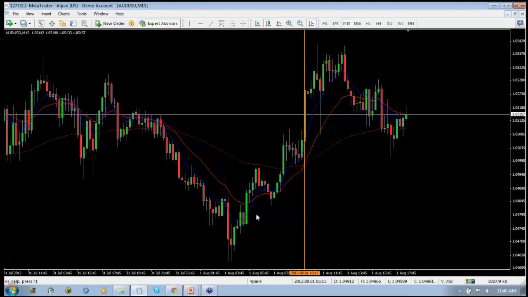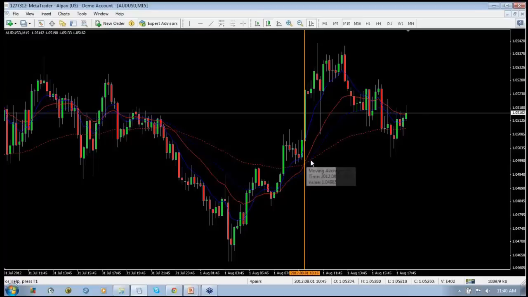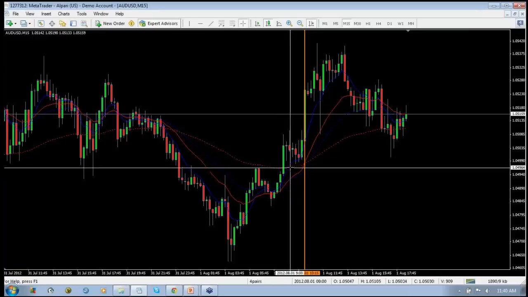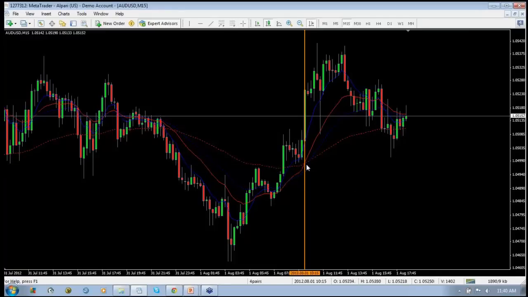To trend trade this, we would not have entered the market until, let me get rid of those lines here. As far as a trend following entry, we'd wait for everything to be moving upwards, and then wait for the moving averages to cross over or come pretty close to doing so.